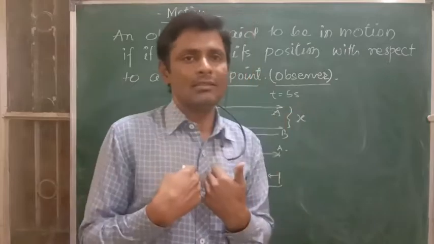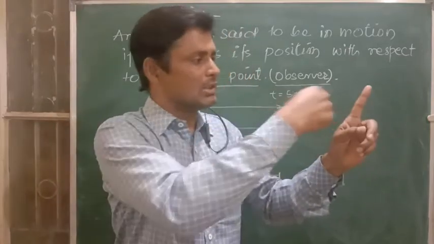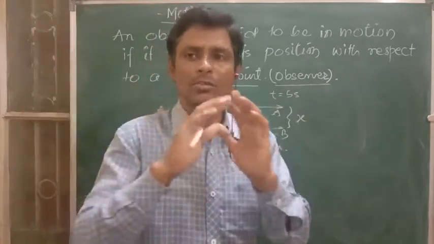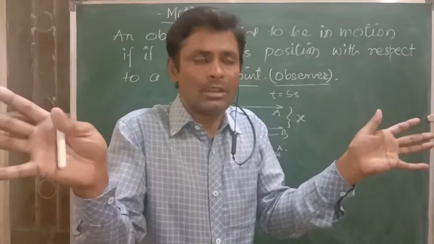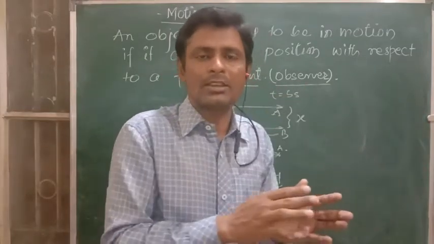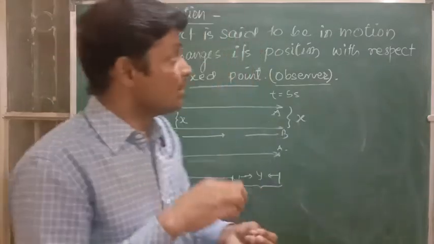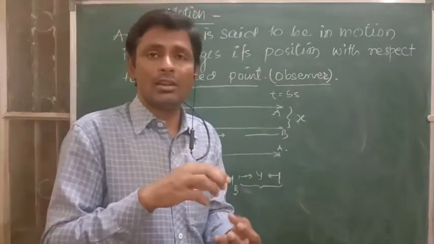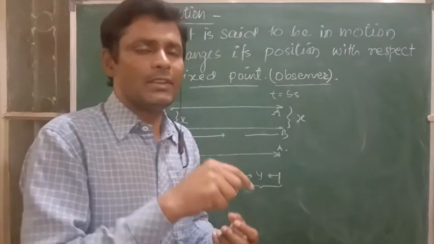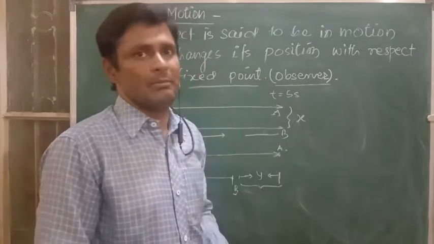But if I tell, I check the position change of this finger and the position change of that finger. Both of them have moved away from me, or both of them have changed position with respect to me. So I can say they are in motion. So motion is a relative term, and it is described only if there is a position change with respect to time.